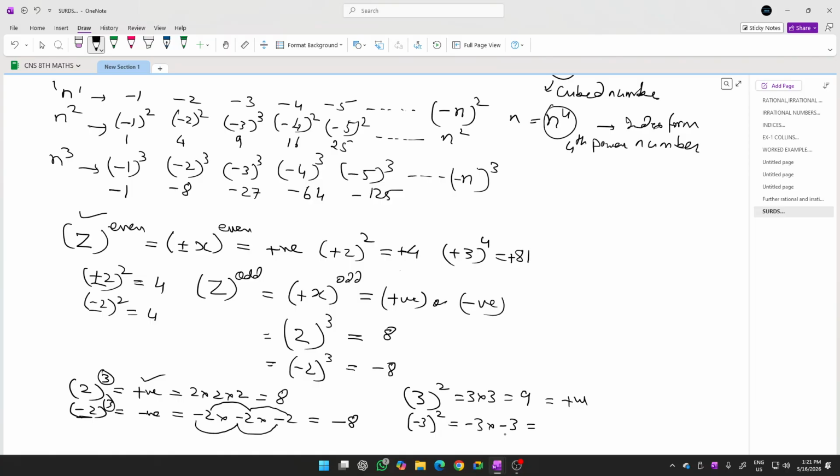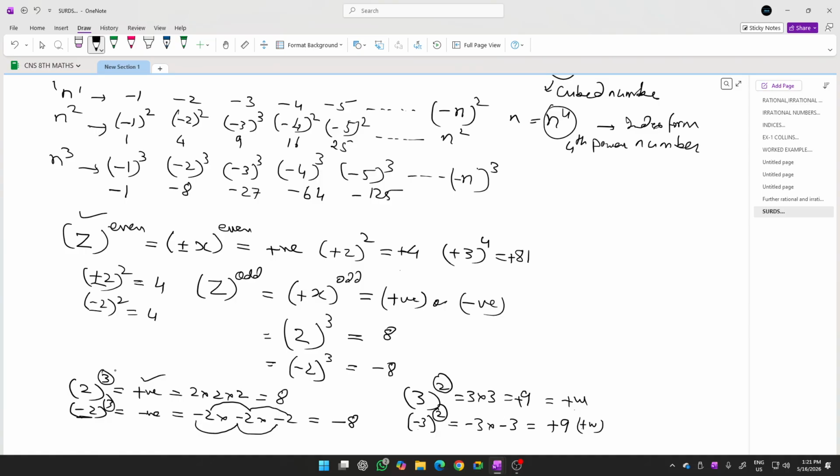So when you multiply minus into minus, it will be plus, and 3 into 3, it will be 9. So still you are getting the answer as plus. So this answer is still positive. So when the index or the power is even, then the base, whether it is positive or negative, the final outcome will be positive.